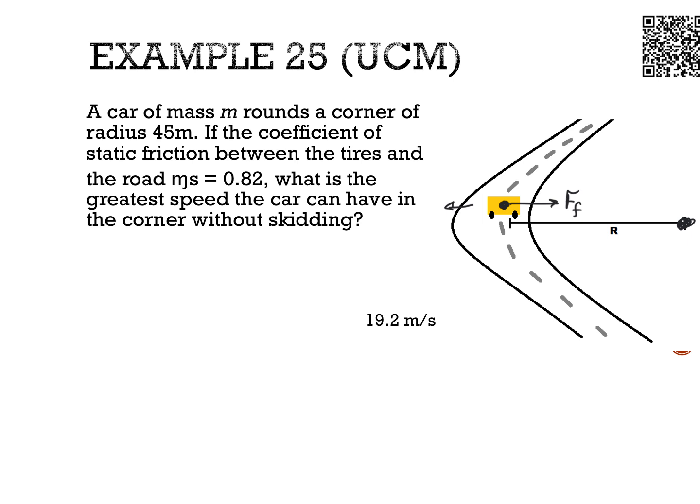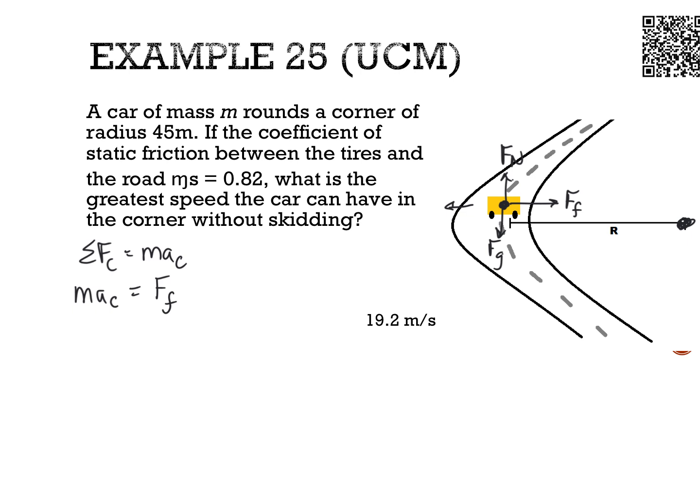We know that it has a gravitational force downward and a normal force upwards. So if we were to do the sum of forces, in this case centripetal, because it's going around a corner, that is m a sub c. So m a sub c in this case is equal to that force of friction.